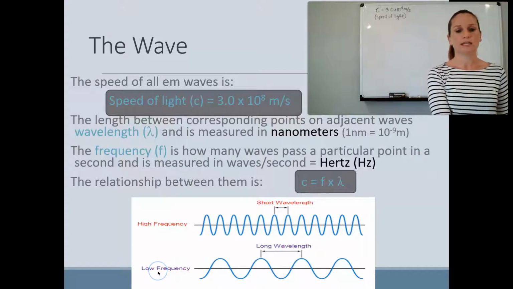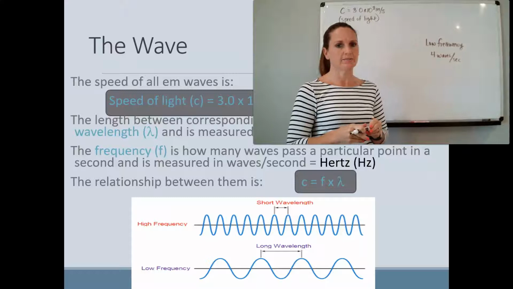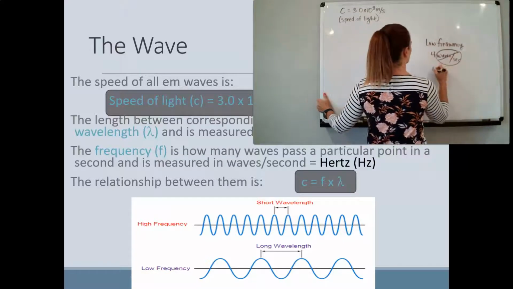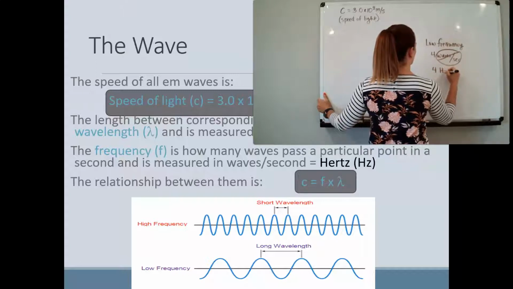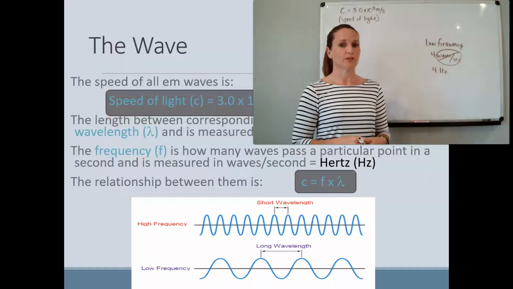So the frequency of the low frequency wave would be 4 waves per second. Or the unit that we use for this is called a hertz. So we would call that 4 hertz is our low frequency wave.